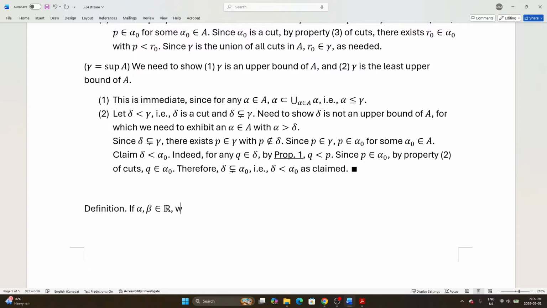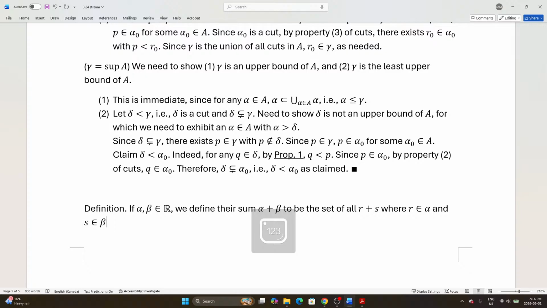We define their sum, also known as addition, alpha plus beta, to be the set of all R plus S, where R is in alpha and S is in beta.